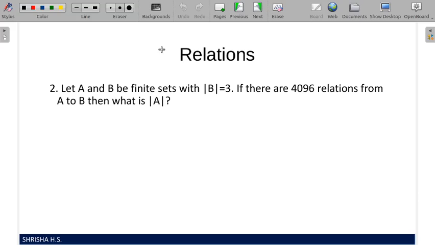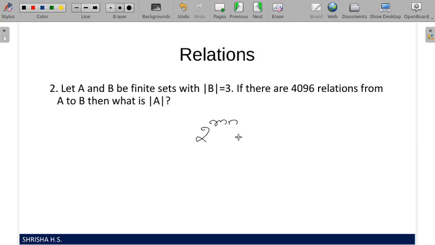Next question. Let A and B be finite sets, with the number of elements in set B being 3. If there are a total of 4096 relations possible from A to B, then what is the number of elements in A? Now we know that the total number of relations possible is 2 to the power of mn.